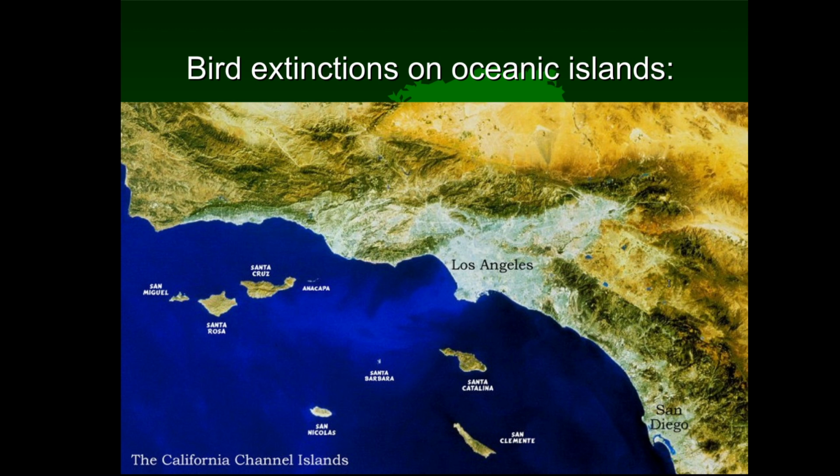Demographic stochasticity might be the reason bird species disappear at higher rates on small islands than they do on large islands. On large islands, they have larger populations and therefore less variation due to demographic stochasticity, less variation in population size. For example, the Channel Islands of California.